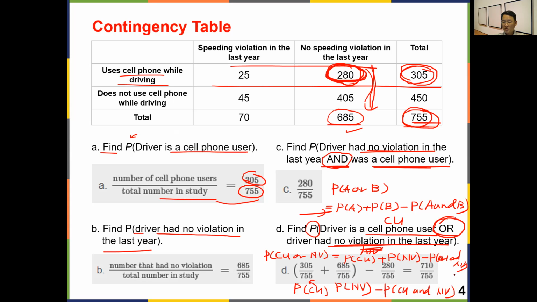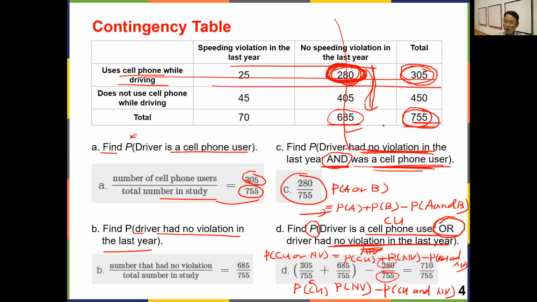We have that probability right here, right? This is cell phone user and no violation. Same thing, cell phone user and no violation, or no violation and cell phone user. So cell phone user is right here. No violation is right here. What crosses is right here, 280. So it's going to be 280 out of 755.